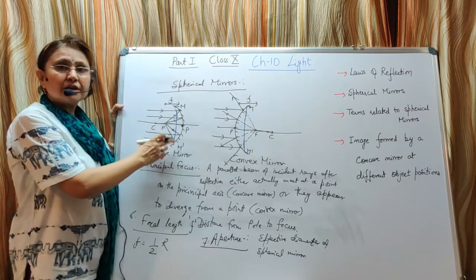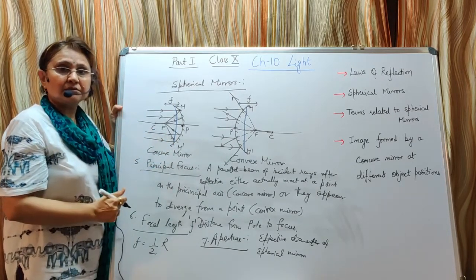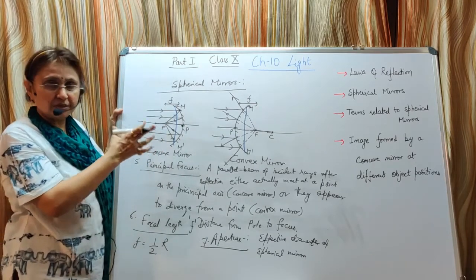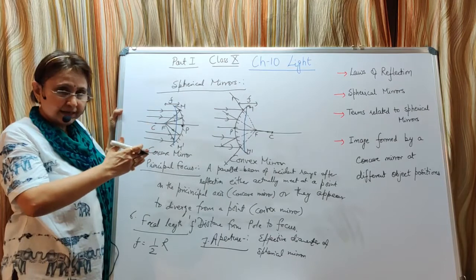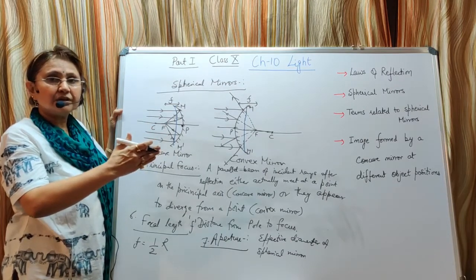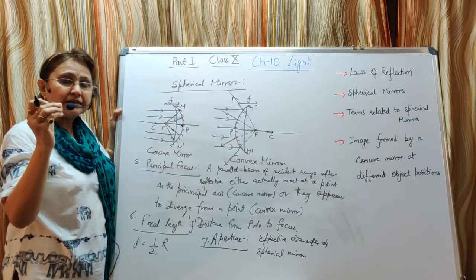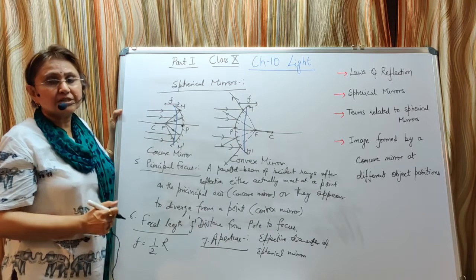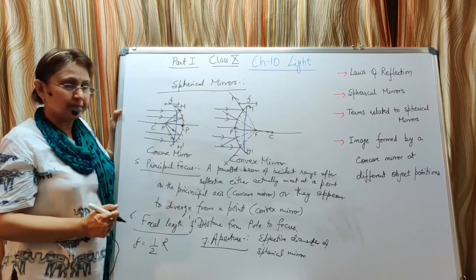Face the reflecting surface of the concave mirror towards the sun, and adjust the paper in such a way that you see a bright image of the sun. A bright spot can be seen on that sheet of paper.